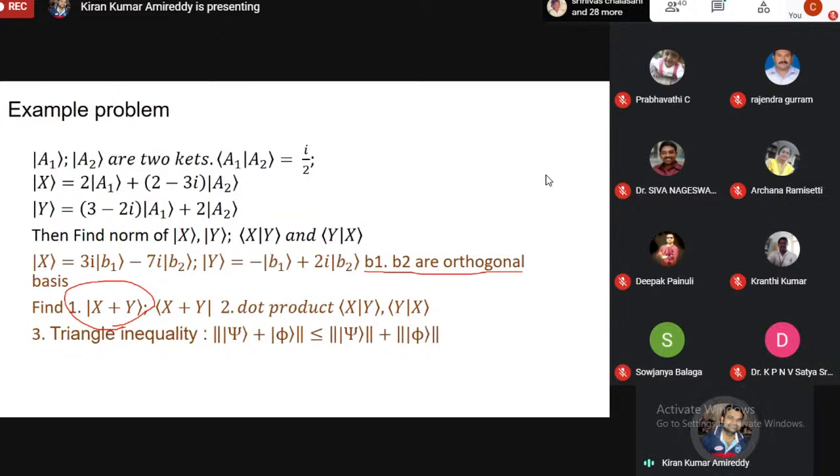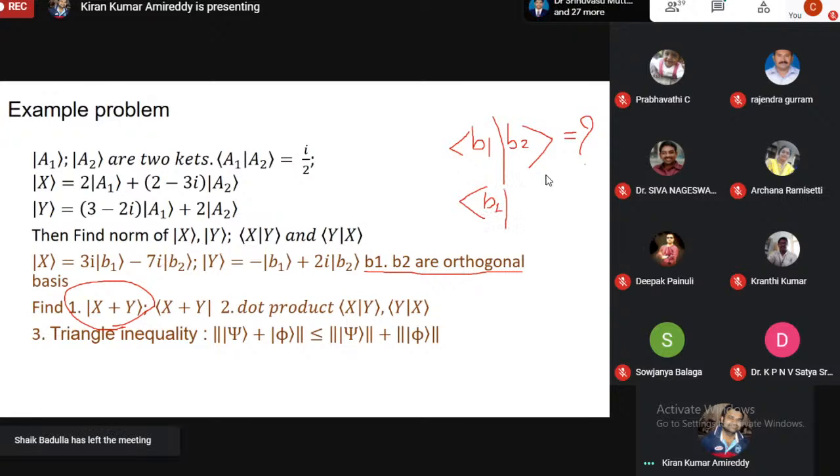That means b1, b2 are like this. If it is orthogonal, what is this value? So first of all, are these two equal or not?